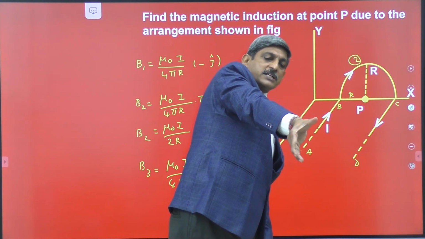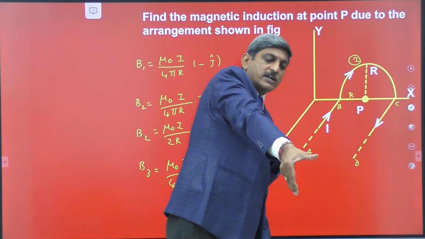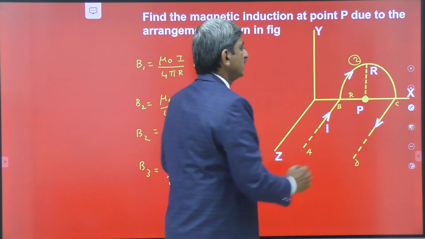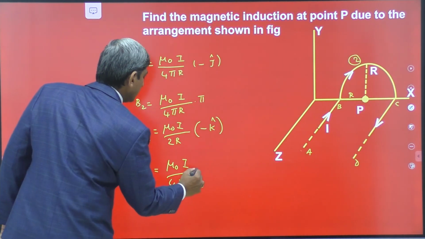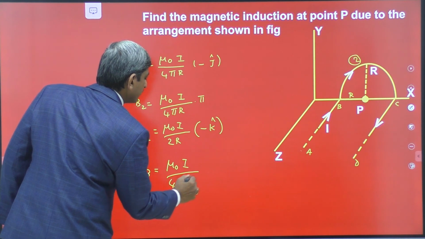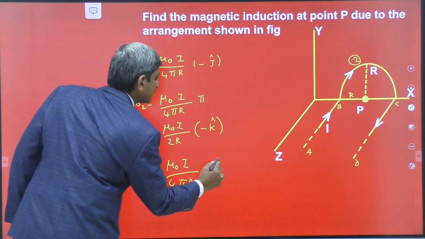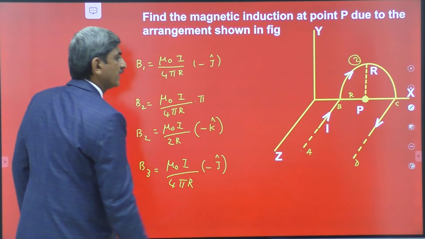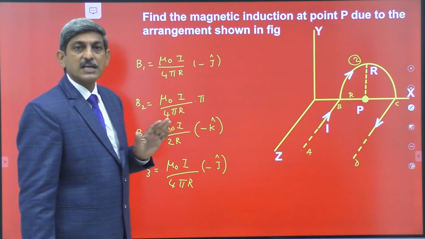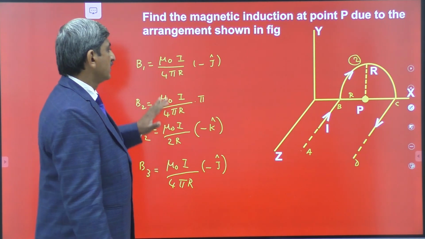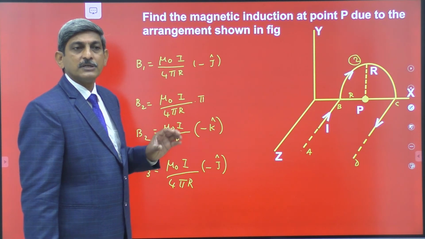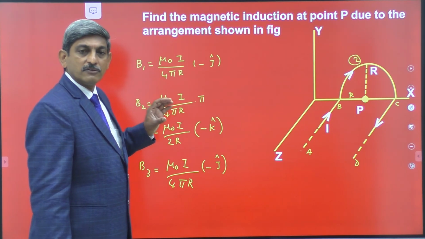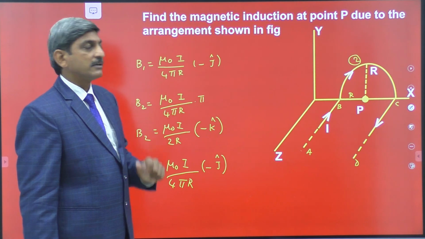When you curl the fingers, the field acts in the vertically downward direction along the negative y-axis, so B3 is given by mu naught I divided by 4 pi r into minus j cap. See here, the three fields are not lying in the same plane. They are lying in different planes. That's why along with the magnitudes, I write down the vectors by using the unit vectors.